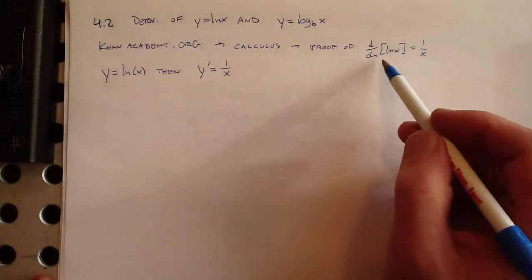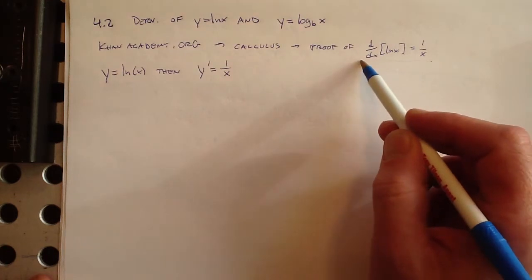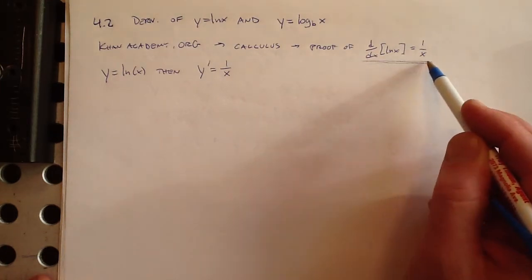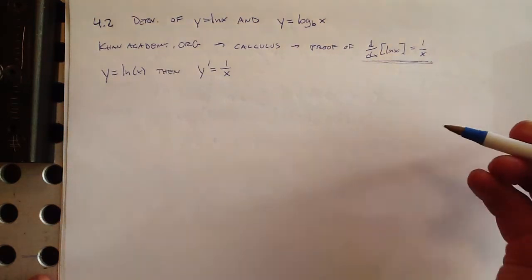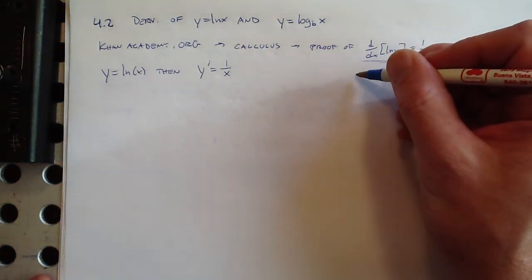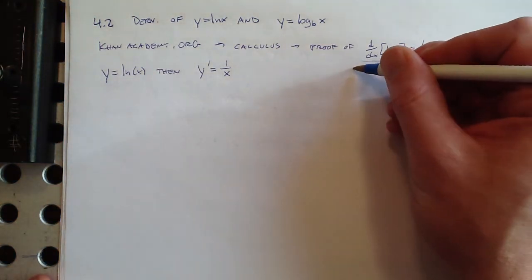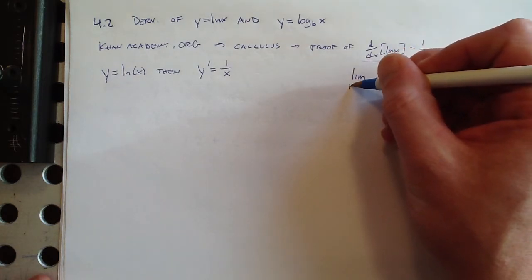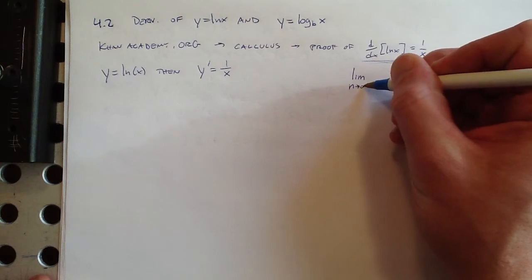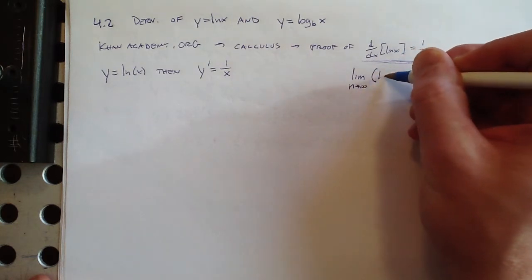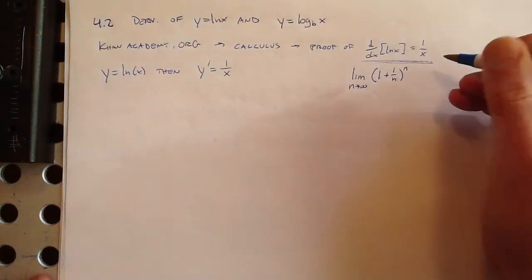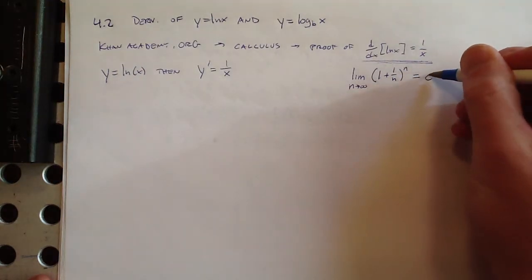I will remind you, in case you are going to go and watch that, you need to remember something that Sal Khan takes for granted, which is something you were supposed to learn in pre-calculus: the limit as n approaches infinity of the expression 1 plus 1 over n, to the n, is equal to e.